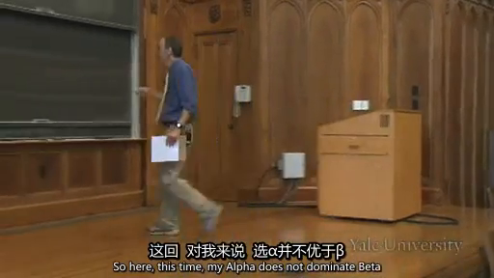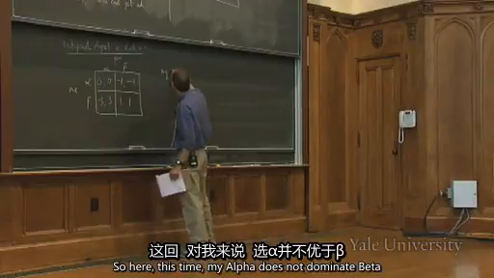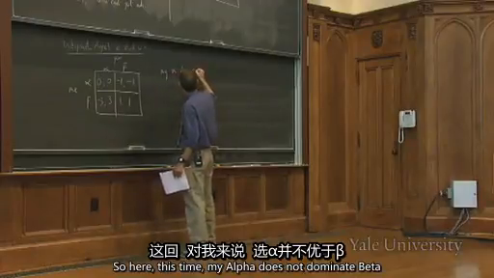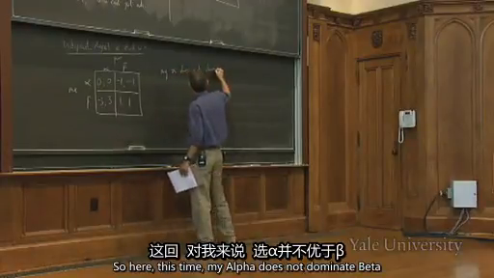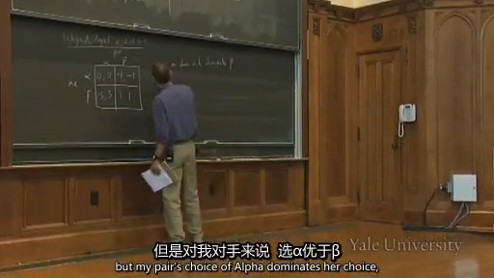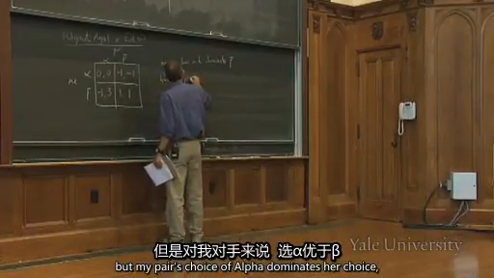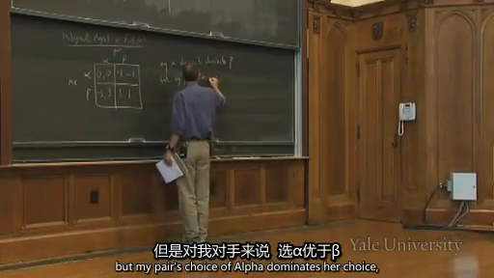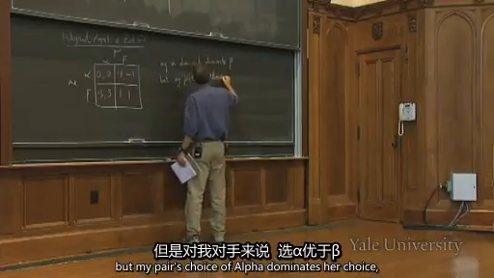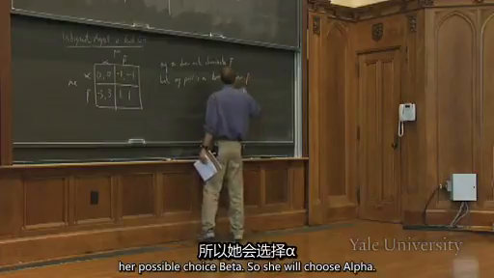So here, this time, my alpha does not dominate beta, but my pair's choice of alpha dominates her possible choice of beta.